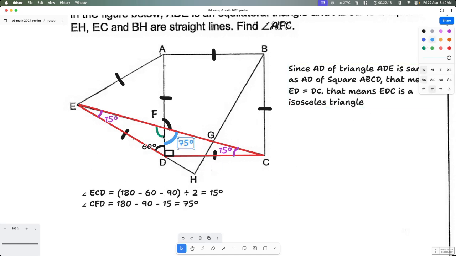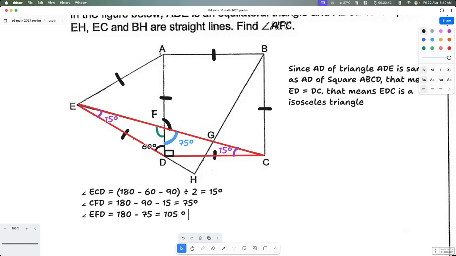Now the next thing is we want to get the green angle. Since EFC is a straight line, we can use angle EFD, which is basically 180 minus 75, and this will give us 105 degrees.